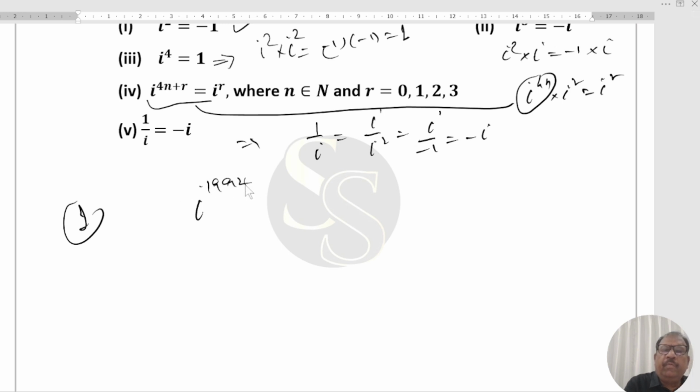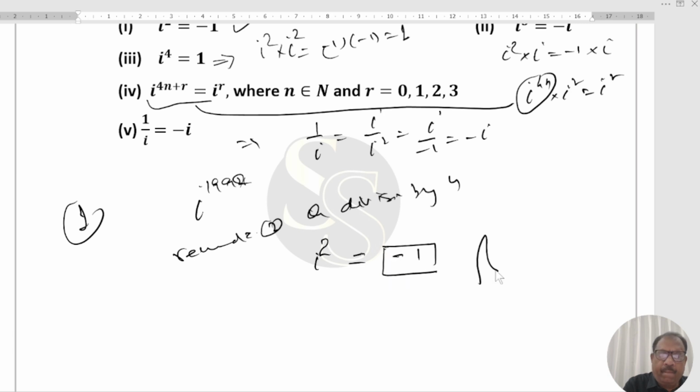If we divide it by 4, we get the remainder 2. So this becomes iota square, whose value is minus 1. This is the answer.